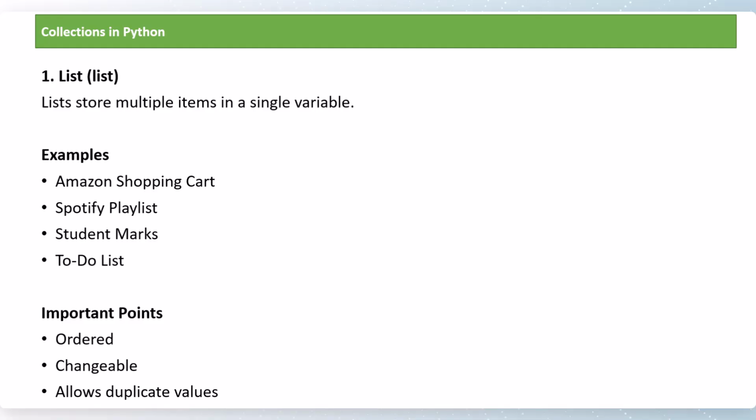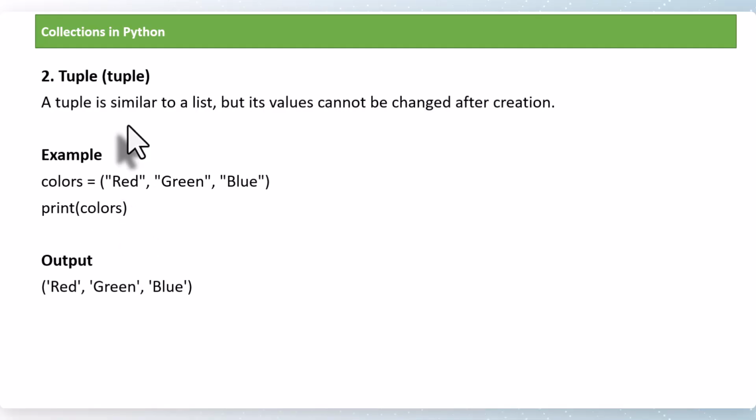The second data type in the collections is tuple, which is similar to a list, but its values cannot be changed after the creation. So in the list, you can change the elements, but in the tuple, you cannot change the elements.